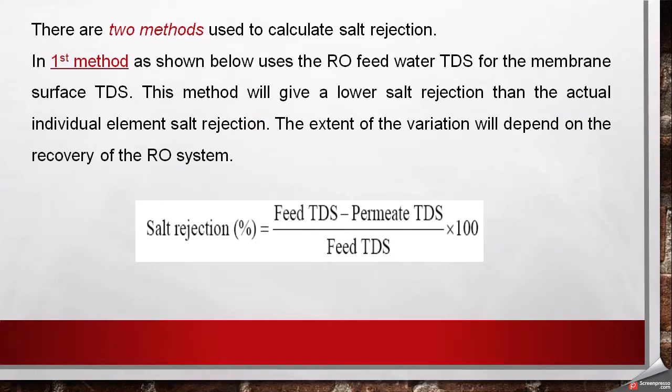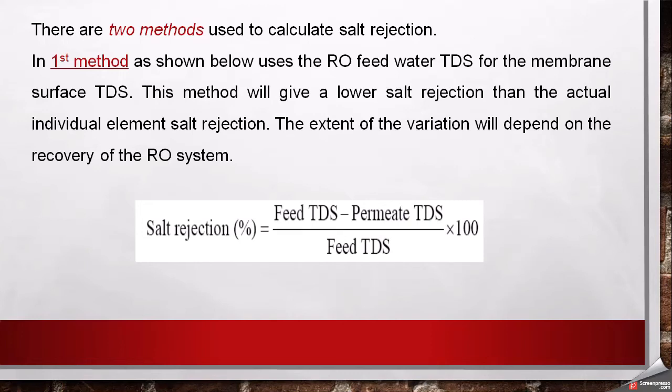Basically there are two methods used to calculate the salt rejection. Very simple. The first method, as shown in this following equation, uses the RO feed water TDS. In this formula we use the same value of TDS for the surface of the membrane and in the feed water.